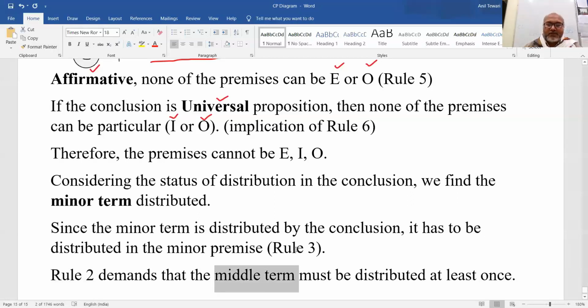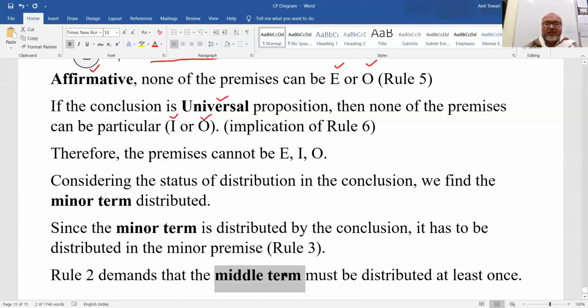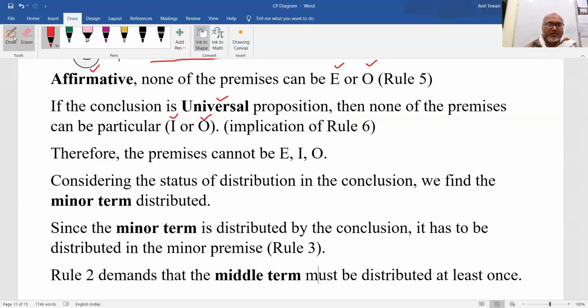So as per rule 3, when your conclusion is A, you require the distribution of number 1 minor term and also the distribution of middle term as per rule 2. Okay, you require 2 distributions in the premises. 2 distribution आपको premise में चाहिए. पहला minor term का distribution चाहिए और middle term का तो चाहिए ही.